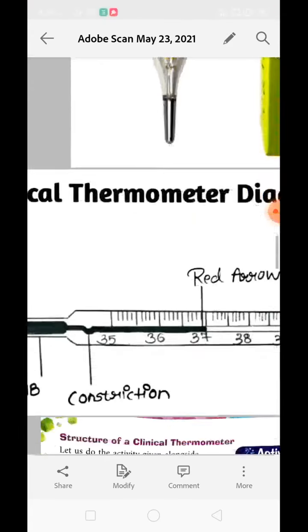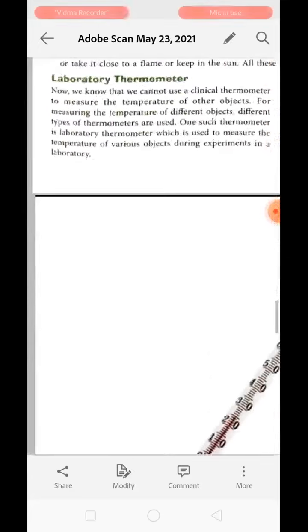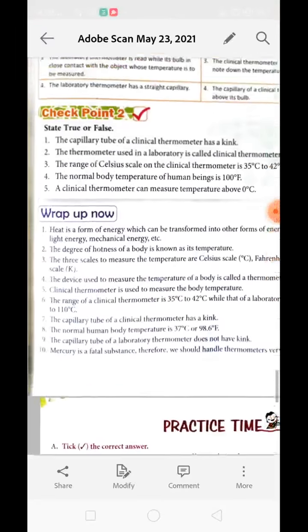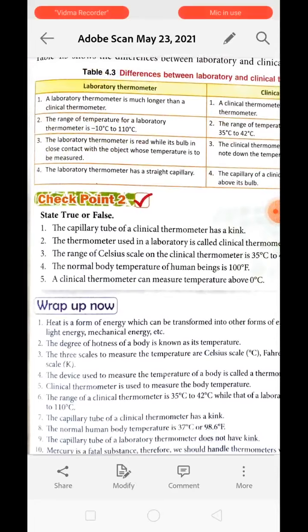Now next is checkpoint 2. Over here it is also about true and false. The first question: the capillary tube of a clinical thermometer has a kink. True. Second question: the thermometer used in the laboratory is called a clinical thermometer. False.